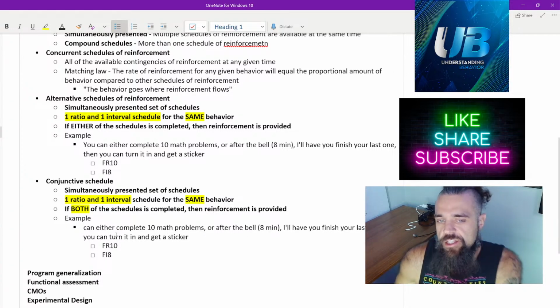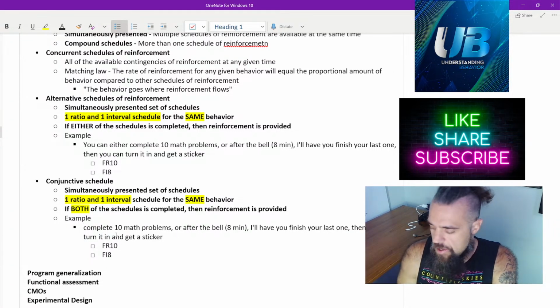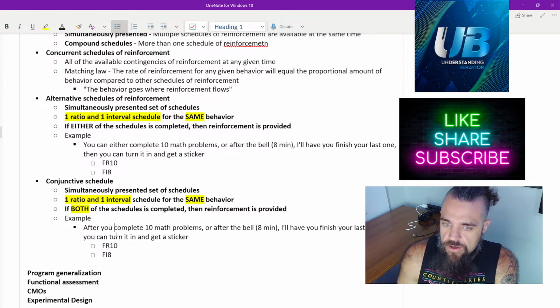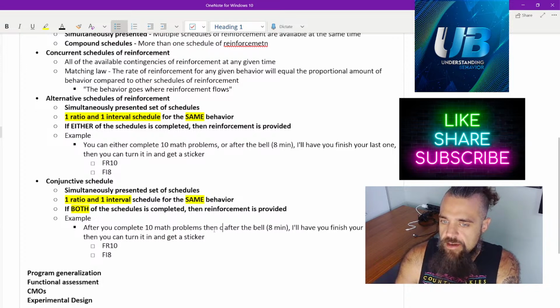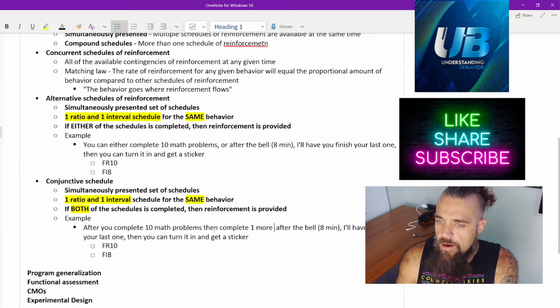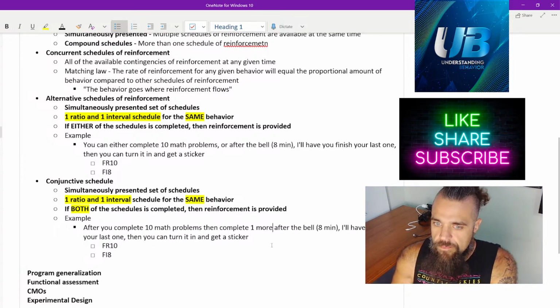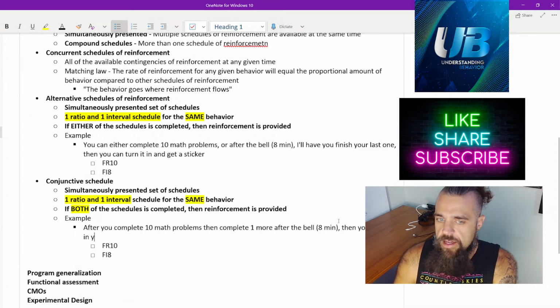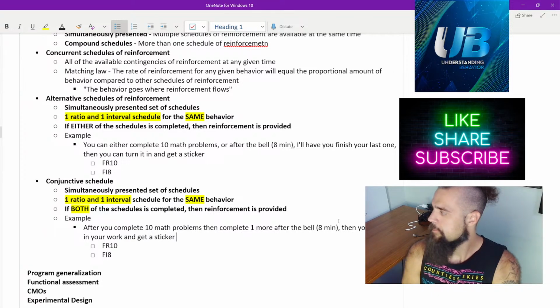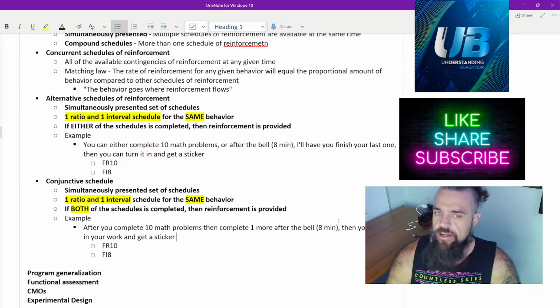So our example is going to change a little bit. After you complete 10 math problems, then complete one more after the bell, then you can turn in your work and get a sticker. So that's our conjunctive schedule.